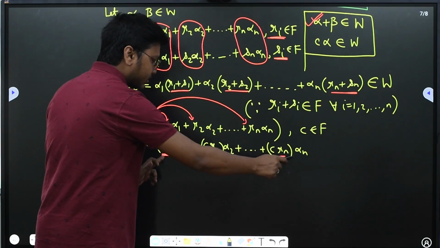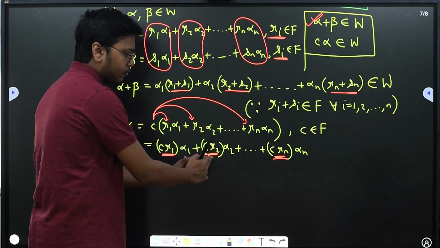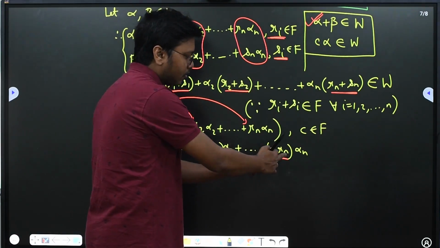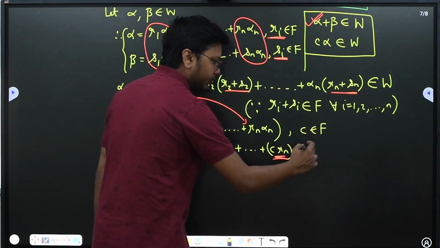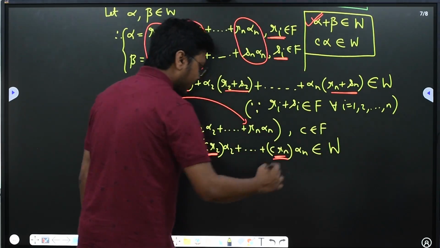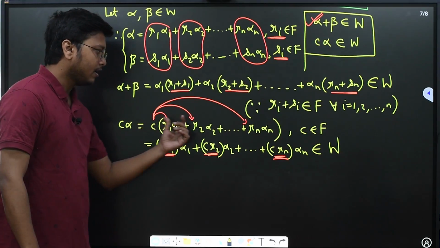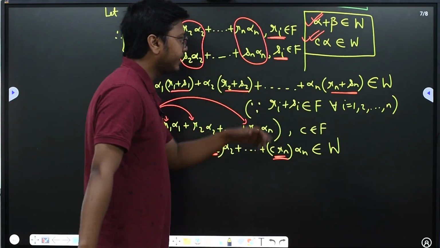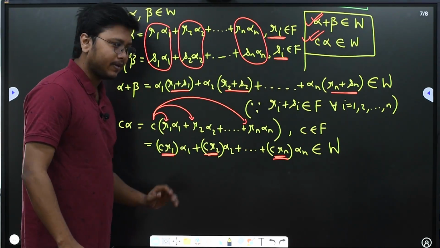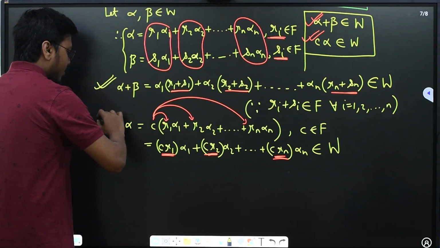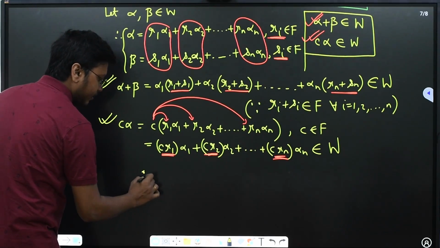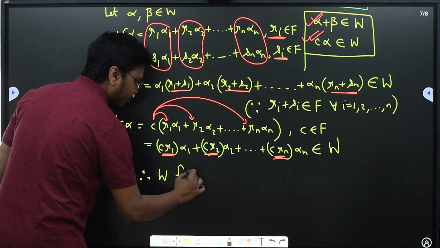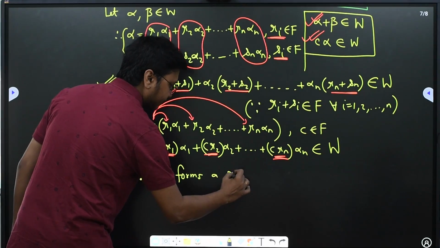So again this looks like some constant into alpha 1, some constant into alpha 2, and like this some constant into alpha n, which is how the W set looks. So I can say that C alpha belongs to W, which is my second required criterion for W to be a subspace. So combining this one and this one, I can say that therefore W forms a subspace.